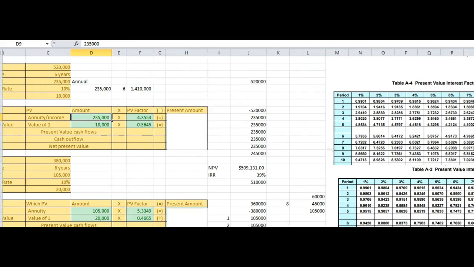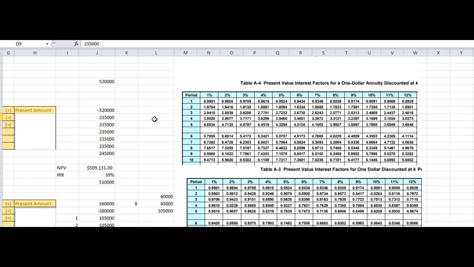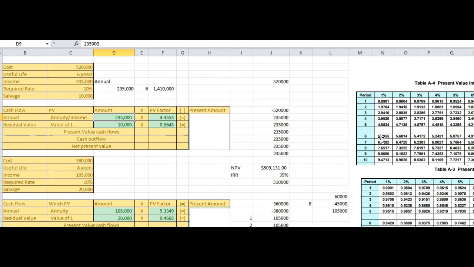If you look at this, we have a total of 6 years at 10%. So if I come across and go to 10%, you'll find my factor to use is 4.3553. So that's what I have plugged in here. And I multiply that out, and I come to 1,023,496.